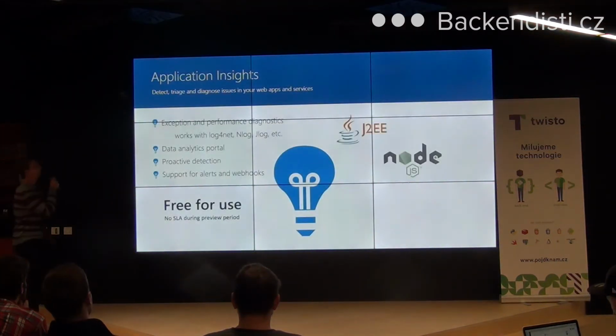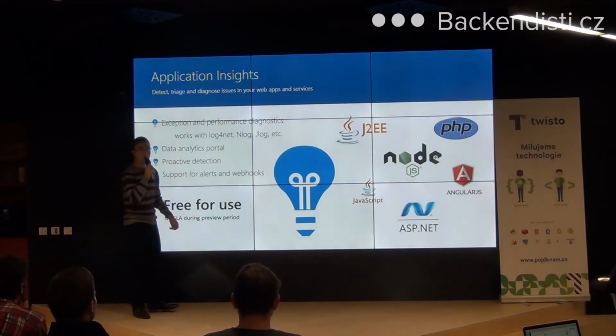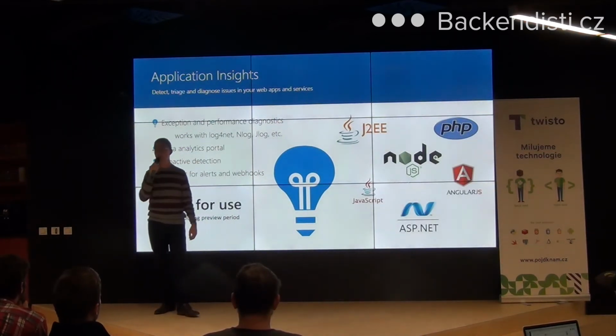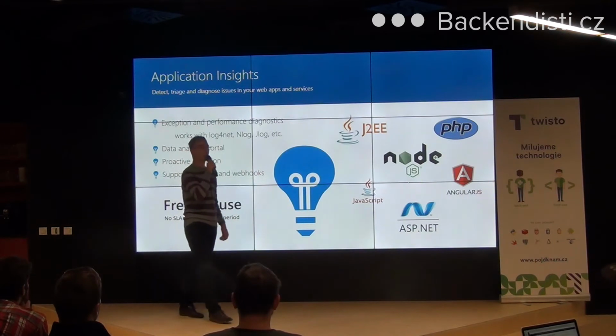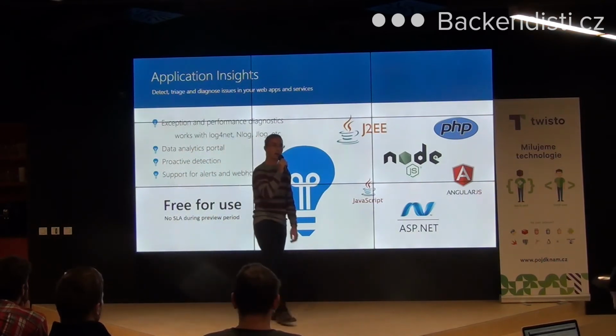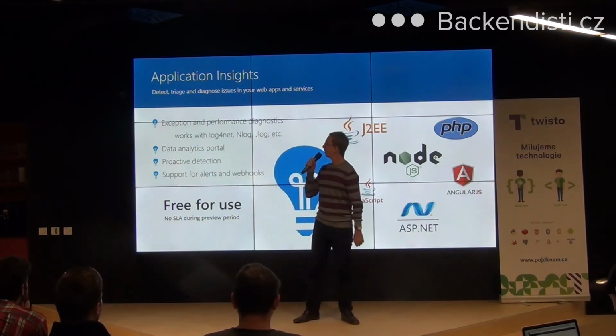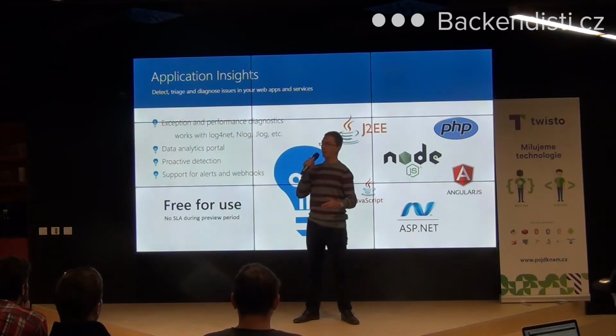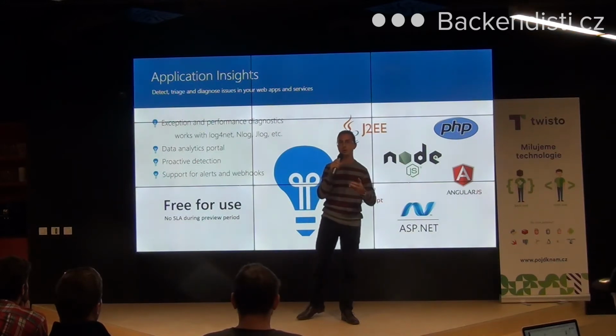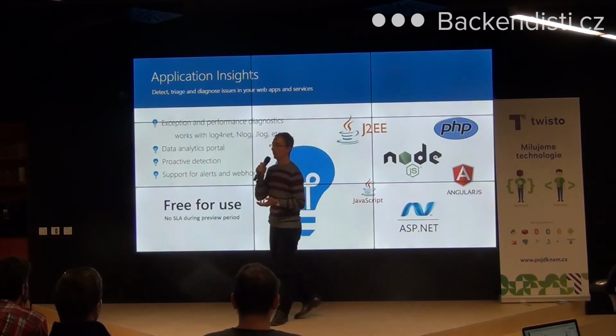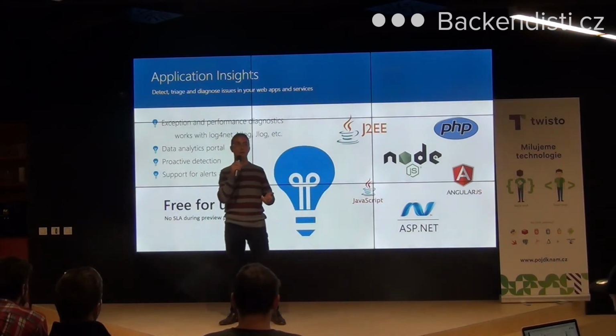Let me start with Application Insights. Application Insights is a quite simple tool or service in Microsoft Azure, and it works pretty simply. You install an SDK or some packages into your application, depending on your favorite programming language. In case of .NET, you will download NuGet packages.